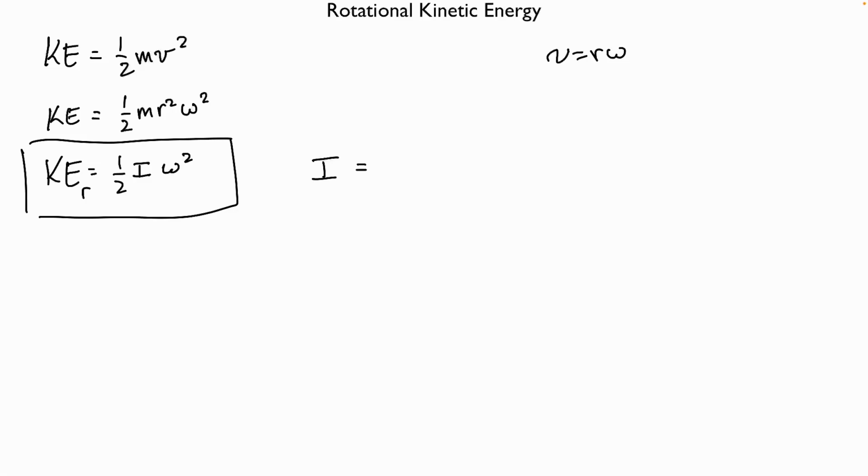So I'm reaching for an idea that could capture that same sort of idea, but for rotation, right? Mass would tell me, like, if I apply a force to this thing, how fast I can get it going, how much I can accelerate it. But in rotation, right?